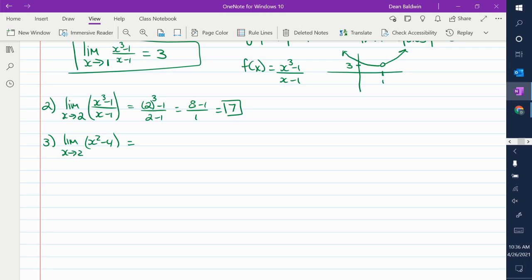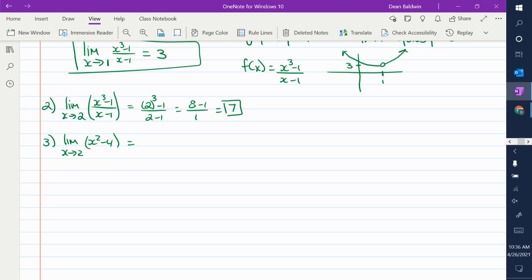What's the first thing you ask yourself? Does it have an undefined point at 2? No, it doesn't. The only time you have an undefined point is when you have a variable in the denominator. If you have a variable in the denominator, you have an undefined point because you can divide by 0 depending on what the number is.